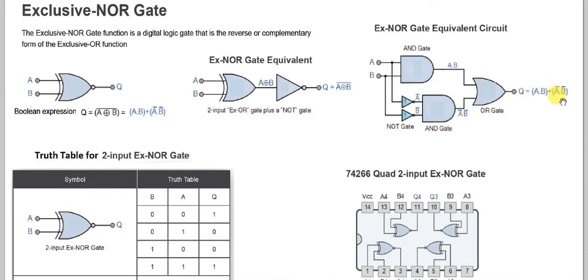Now here, if you put values in this expression, you will get this truth table result. What we see here is again a unique thing: the output is 1 if both of the inputs are equal, A is 0 and B is 0, or A is 1 and B is 1. So it is also called the equality detector.